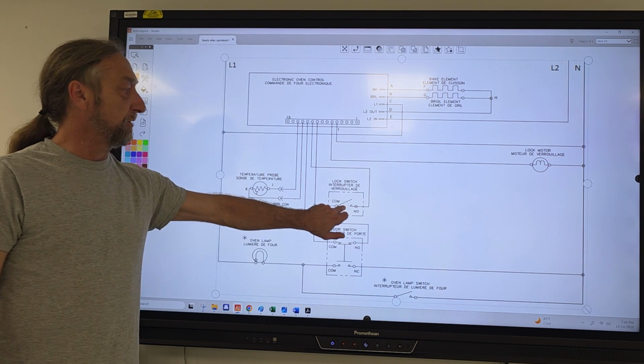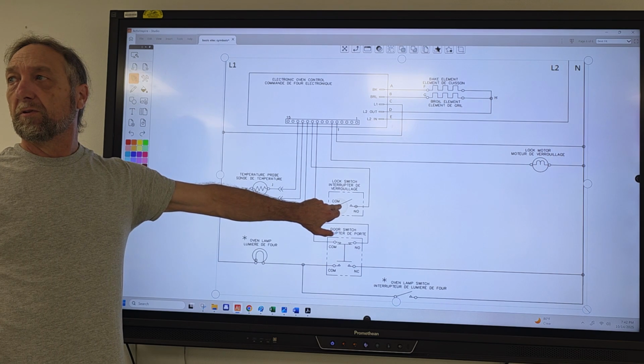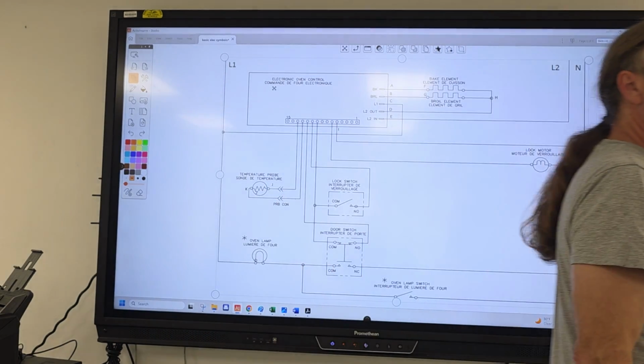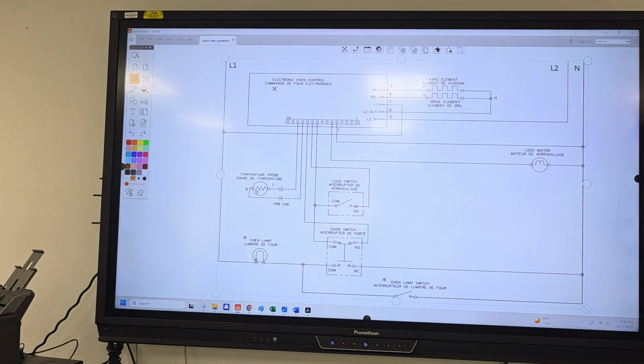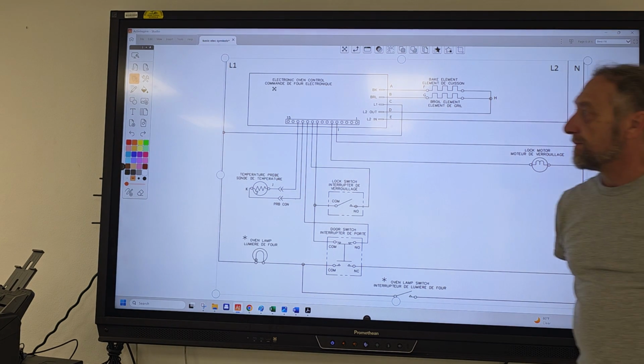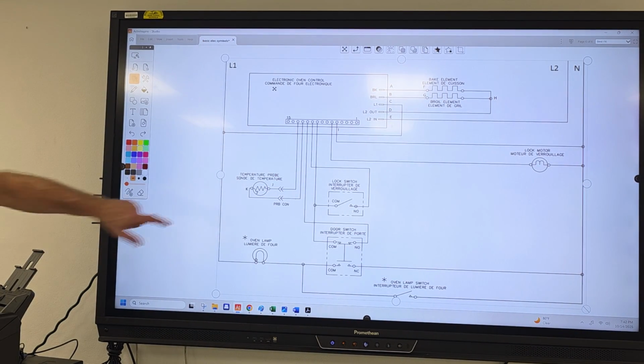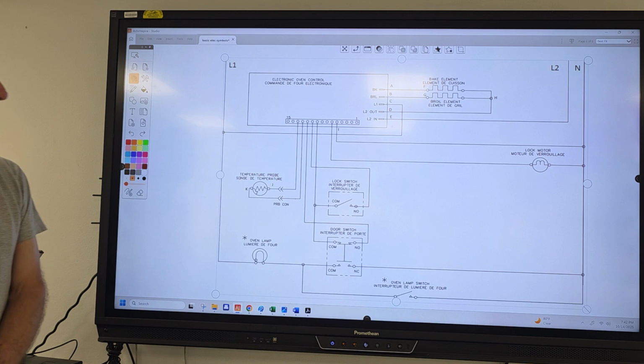If I want to check that switch for ohms, can I check it from the control board?